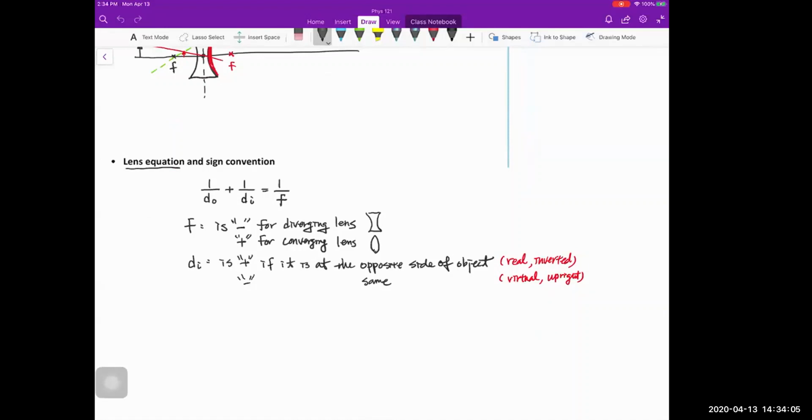If you look at the Hi, if Hi is positive, then it's upright. When it's upright, that means it's virtual. If it's negative, meaning it's inverted, this is going to be real.